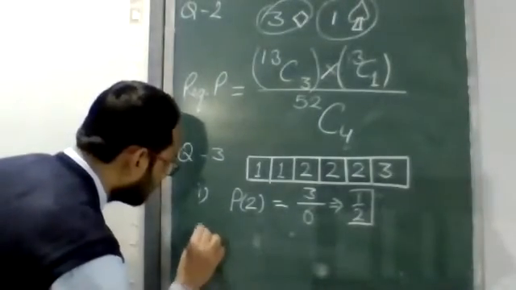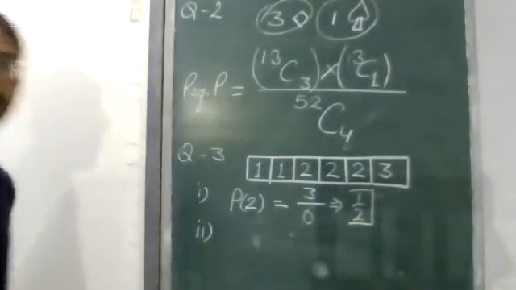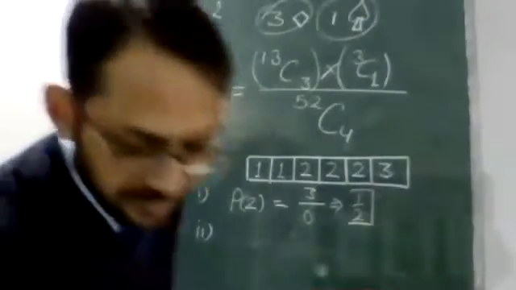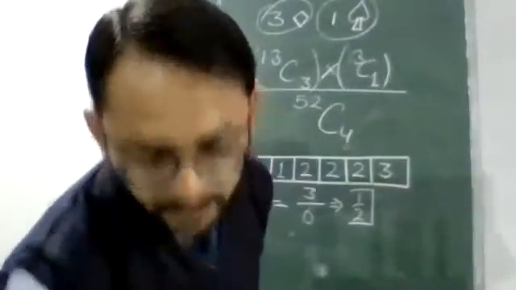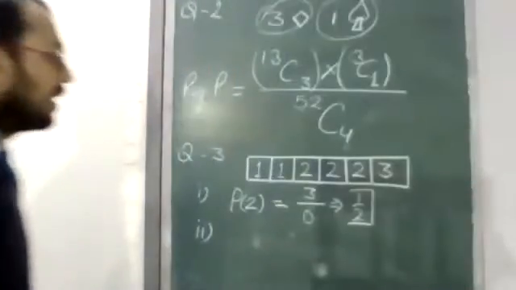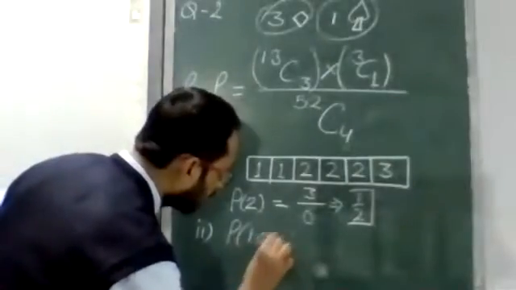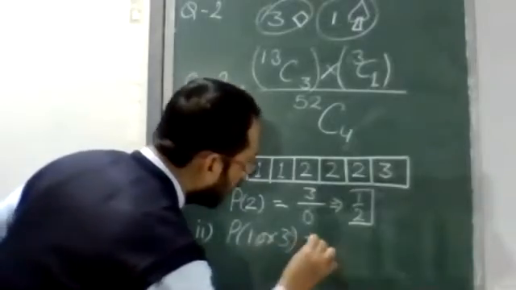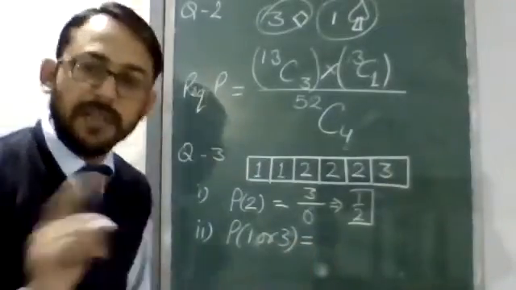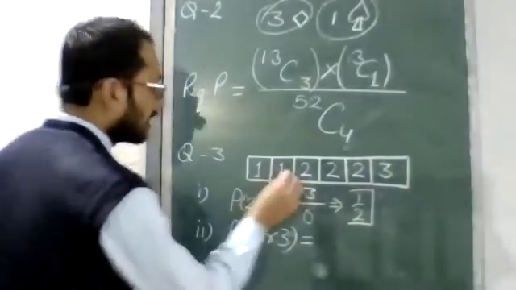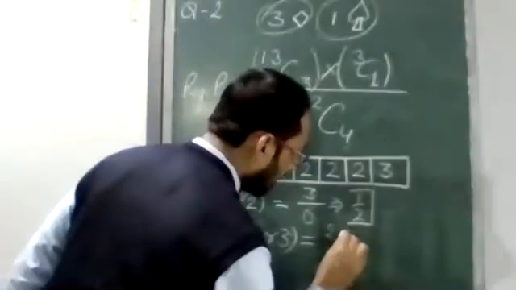Second case: now it is asked what is the probability of getting 1 or 3? So how many ones are there? 2 ones are there.